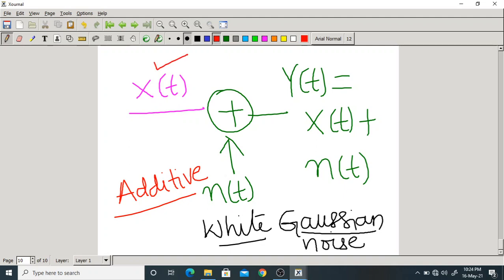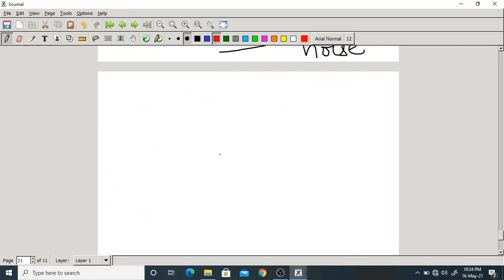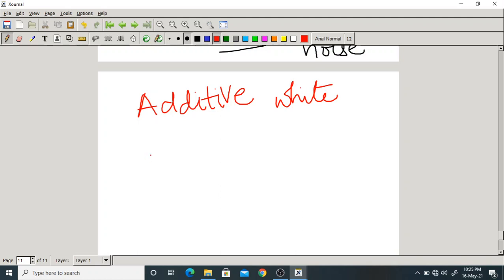Generally, when you transmit something, noise will be added to that signal. That's why additive. So they will say: consider additive, the noise is additive in nature; white, it treats all frequencies equally; Gaussian, generally noise follows a Gaussian process; noise.